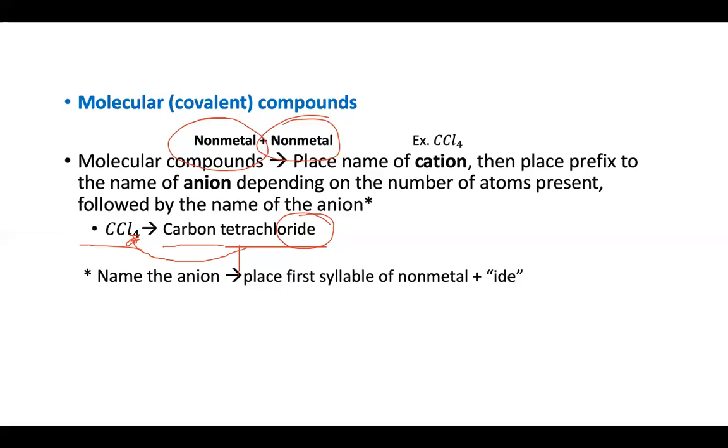So mono is not going to be written on the first non-metal. So we do not say in this example monocarbon tetrachloride. We only say carbon tetrachloride. But if we had more than one carbon, we would add the prefix to the first non-metal. Okay, let's make some examples to understand and practice this.